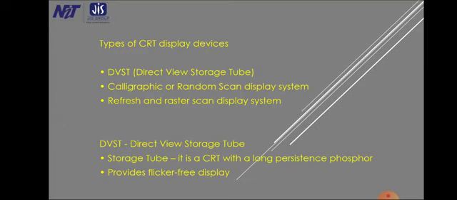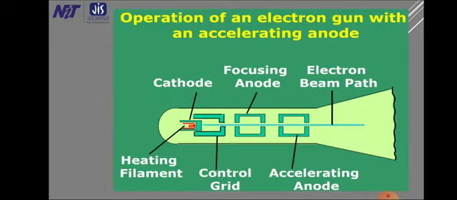There is no flicker in the device and it does not need to refresh the contents of the screen. So there are three fundamental properties of the direct view storage tube, or DVST. Essentially, the DVST draws a line on the screen.